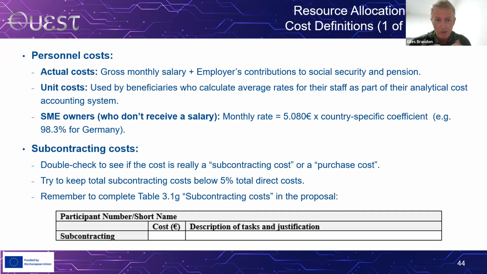Some beneficiaries, some organizations, calculate average rates for their staff as part of their annual cost accounting system. And then there's a third category, SME owners, small to medium-sized enterprises, where the owners don't pay themselves a salary, they receive dividends. In this case, there's a special formula that's been worked out for calculating how much their monthly personnel costs are.